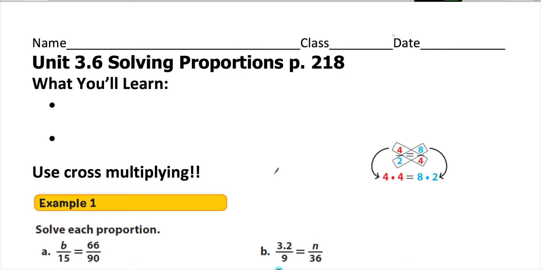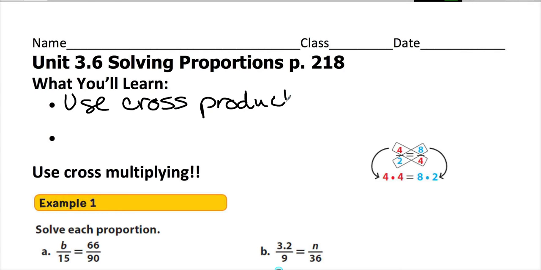So what are we going to learn for today? We're going to use cross products to solve proportions.